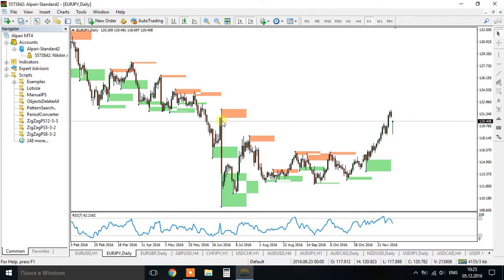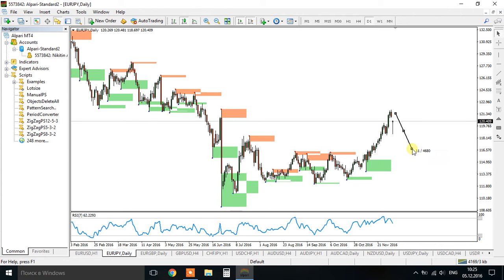I'm not trading daily. I trade 4 hour and hourly, but I look at daily to find higher time frame structure. Look at this. We have resistance that was previously support, support, support. Now price came to this resistance and it gapped to the downside. Good sign that we may have some kind of downside movement from here.